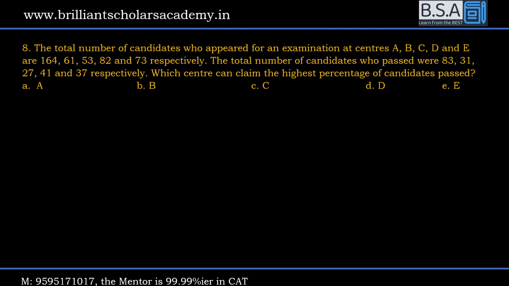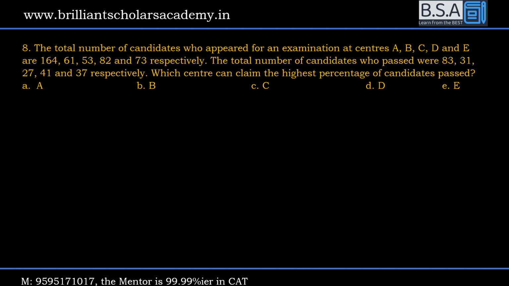The question is, which center can claim highest percentage of candidates passed? Can I say I am looking for pass upon appeared into 100? This is the percentage I'm looking for.